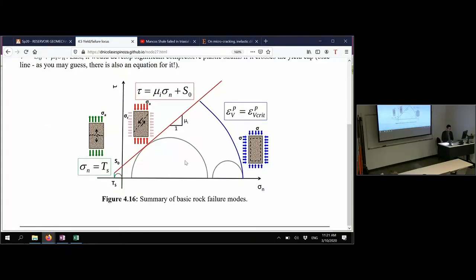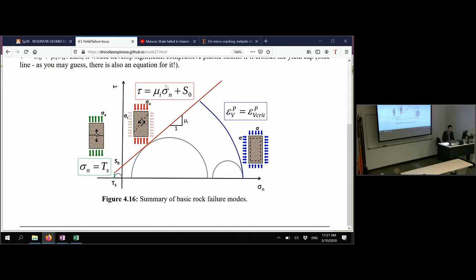Okay, so as long as we're inside these three lines, the formations are going to be mostly elastic. But when we get to touch those lines is when we're going to start to have significant irrecoverable strains.